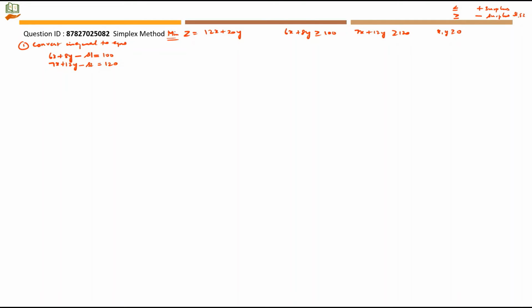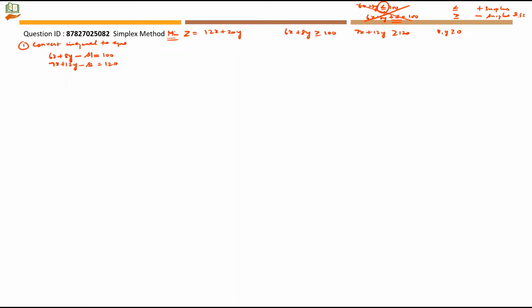So when you have 6x plus 8y less than or equal to 100, this will be 6x plus 8y plus s equal to 100. Based on what inequality is present, you have to add or subtract the variable. This is not related to this question, but I am telling you for your information.